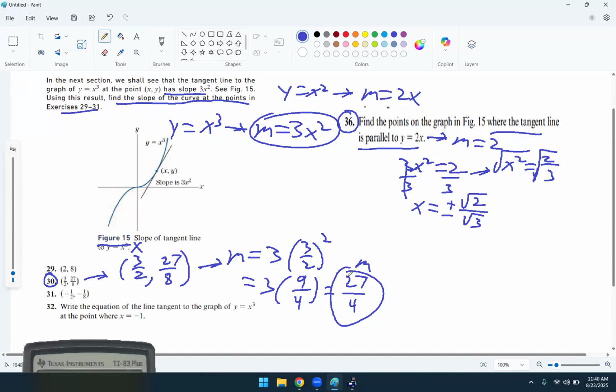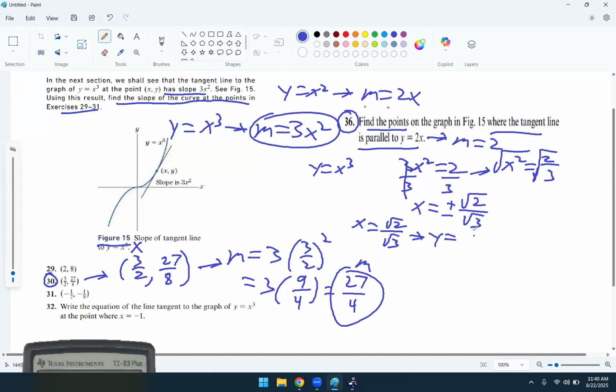Basically we're asked to find the points on this curve, and remember, the curve here is x cubed. So let's just plug it in like this, and then we'll rationalize or get rid of the square root at the end. So let's look at the positive one. When x is equal to positive root 2 over root 3, what's y going to be?